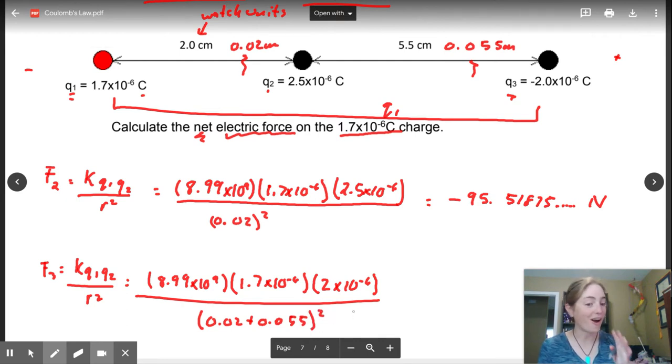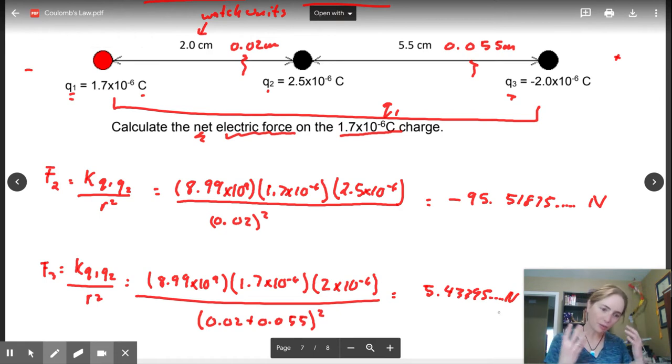So watch for that in these questions. These are really tricky when it comes to that, so pay very close attention to that distance bit. Subtle hint, that's one of the tricks. Once you plunk that into your calculator correctly, you are going to get 5.43395 newtons.